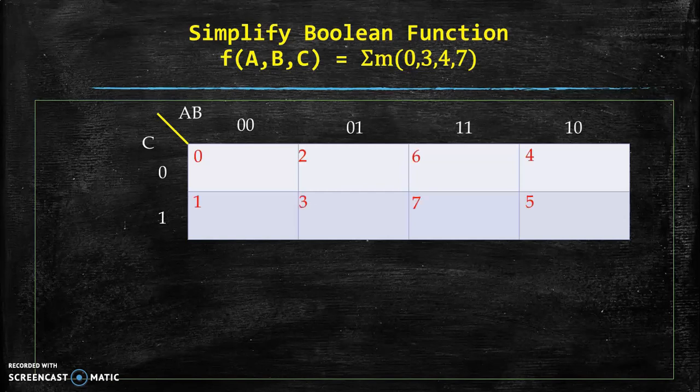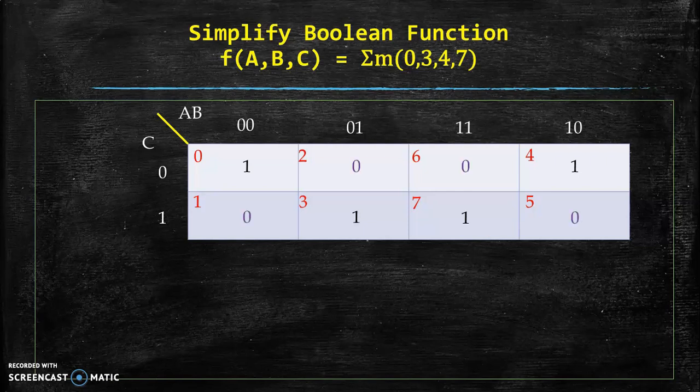Now we write the equivalent decimal number of each cell, that is 0, 1, 2, 3, 4, 5, 6 and 7. The pattern of writing decimal numbers you should remember, and in the previous lecture we have seen why we are writing decimal numbers in such a way. Then we write 1 in the given minterms, that is 0, 3, 4 and 7. In all other cells, we write 0.